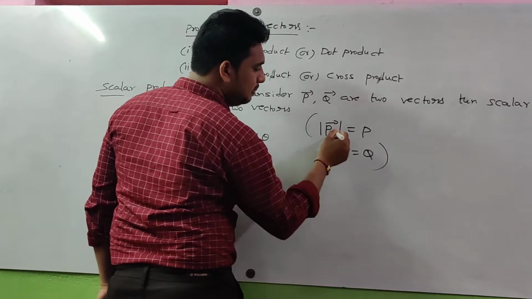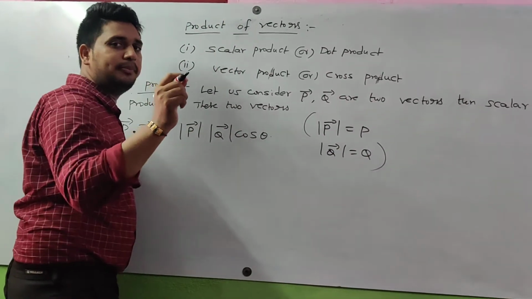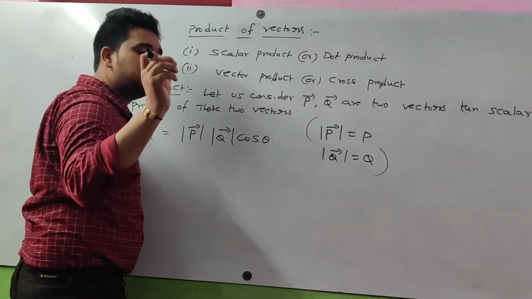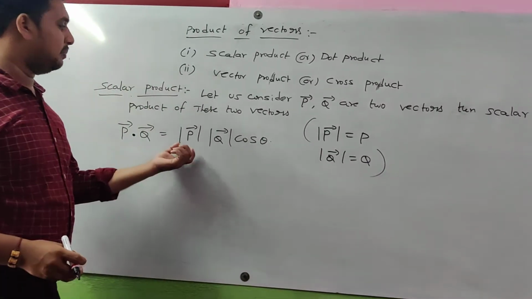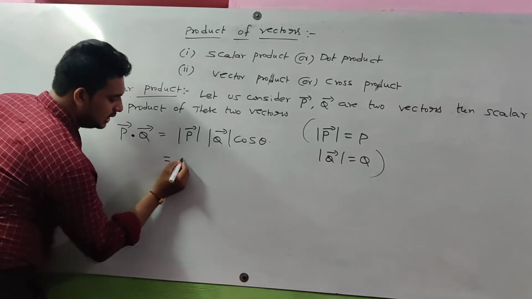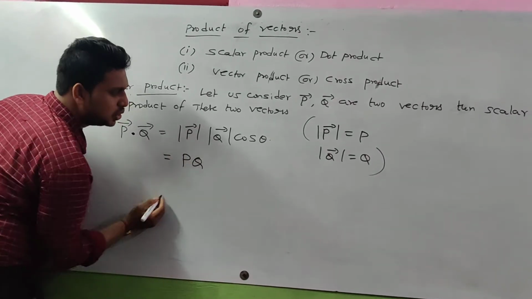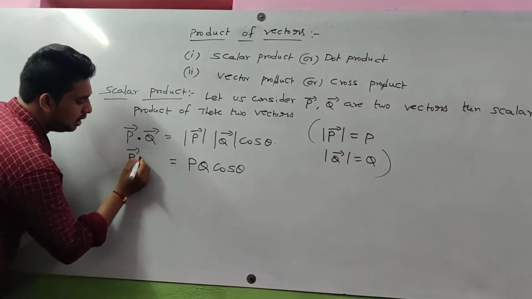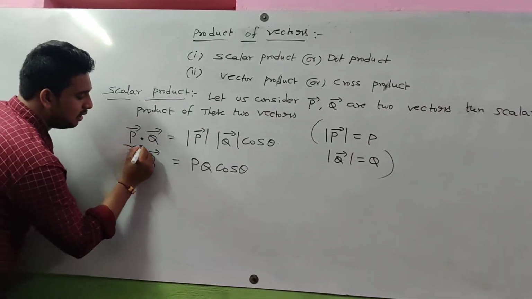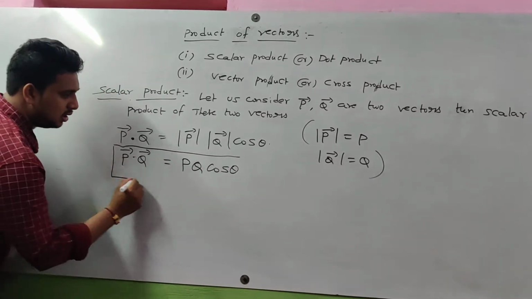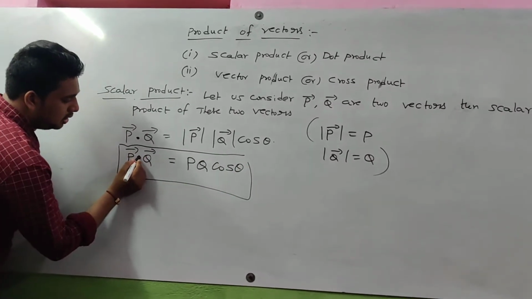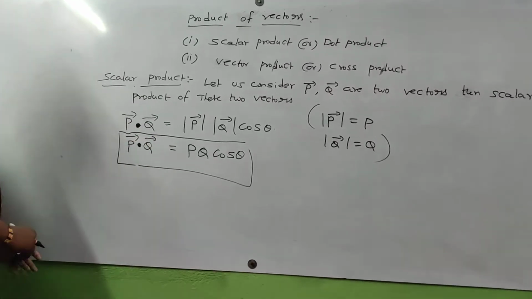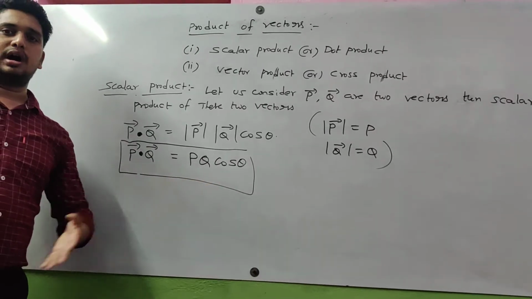Modulus of p bar means the magnitude of the p bar vector, and modulus of q bar means the magnitude of the q bar vector. So pq cos theta is equal to p bar dot q bar. This is the formula for the dot product of two vectors.